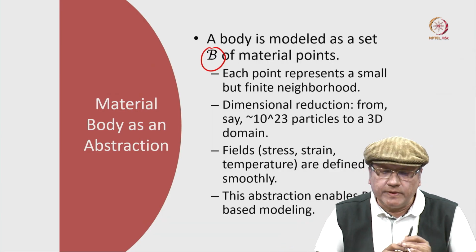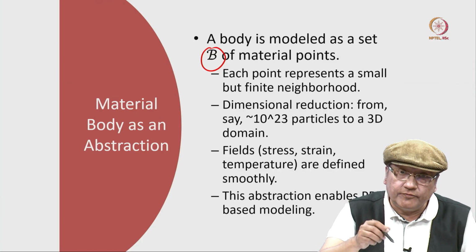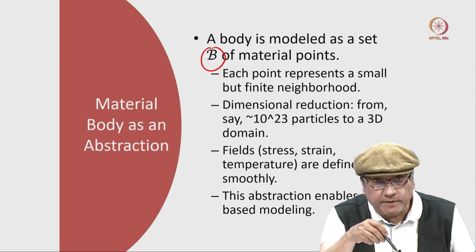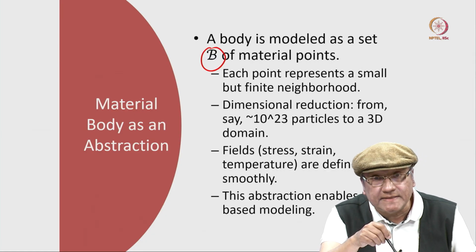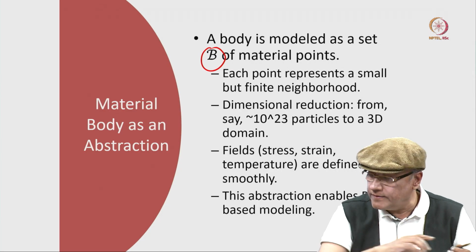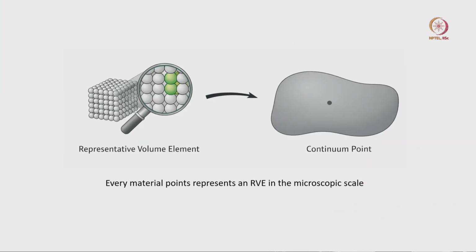Right. So, remember that the continuous set of points that we were talking about in the previous slide is encapsulated in the form of the set B, script B. All right. So, as I was saying, every material point, here is a material point, right, and every material point should be looked upon as a small volume at the microscopic level, representing a representative volume element for the microstructure.